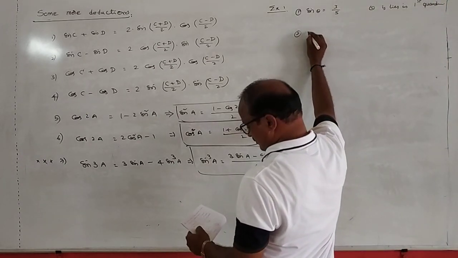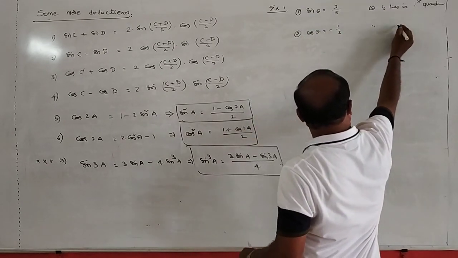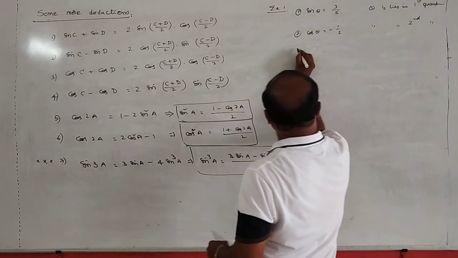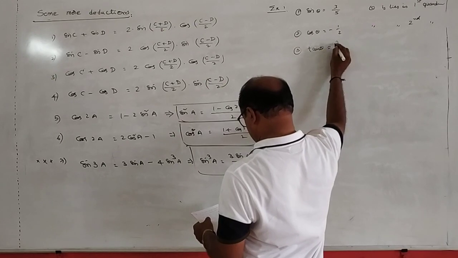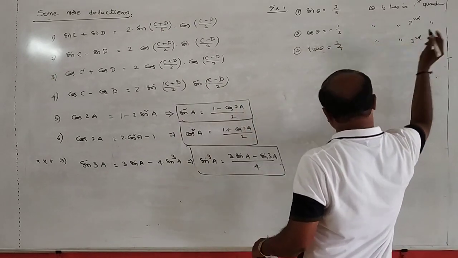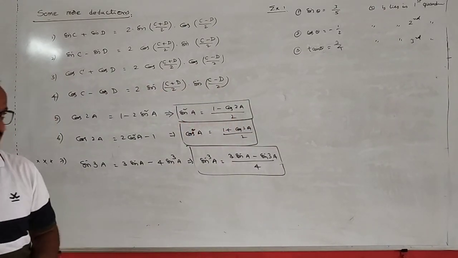Second one, cos theta is equal to minus 1 by 2. Here theta lies in the second quadrant. Third one, tan theta is equal to 3 by 4 and theta lies in the third quadrant. In each case, find the values of the remaining trigonometric functions.